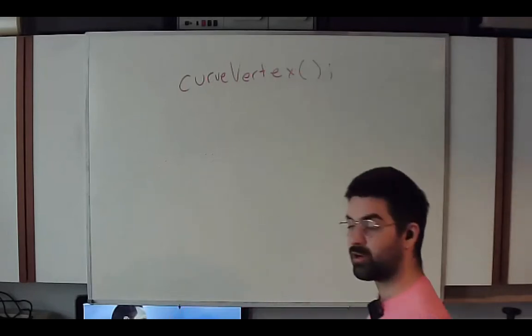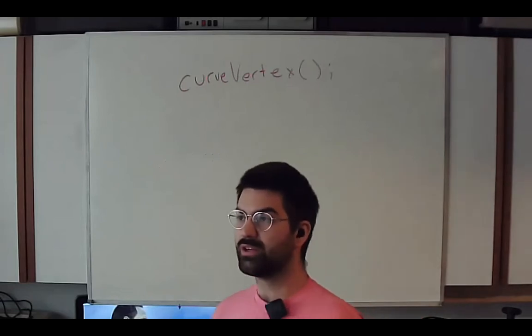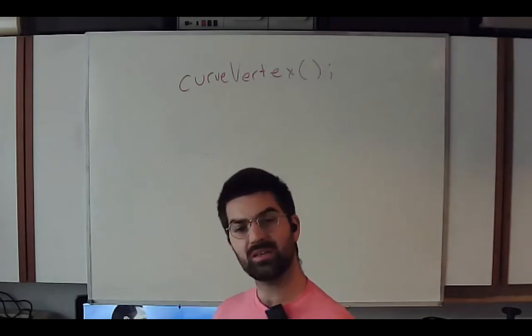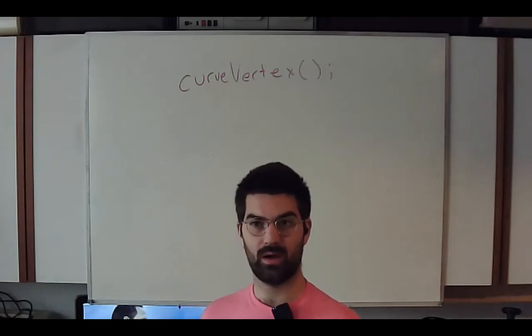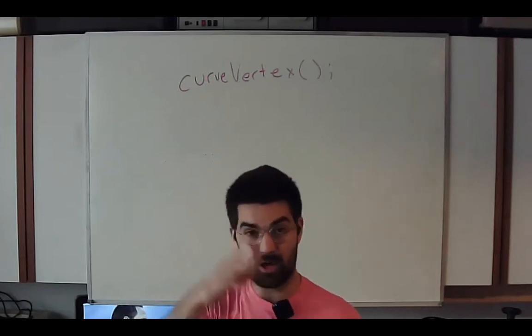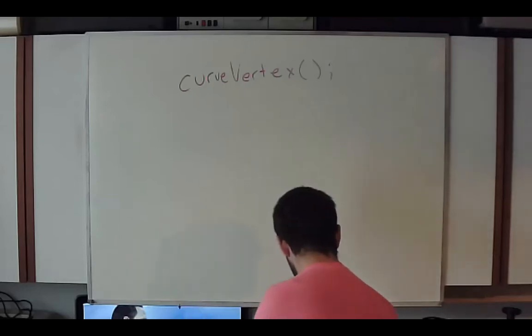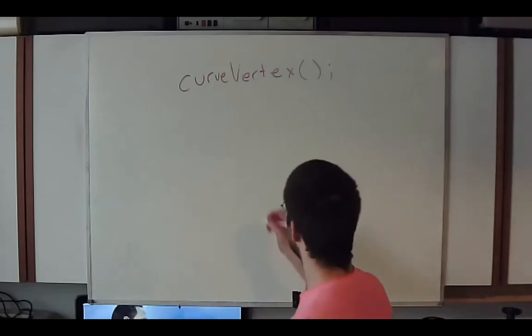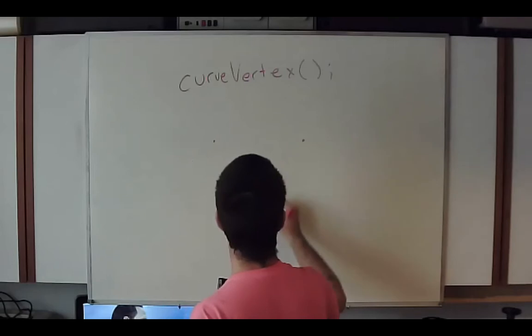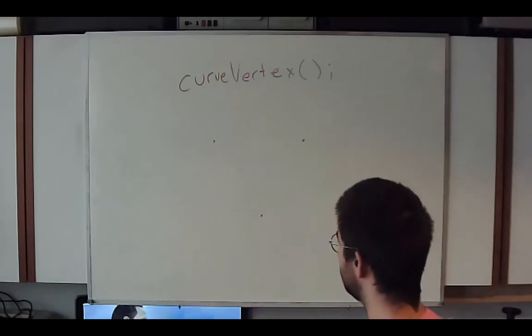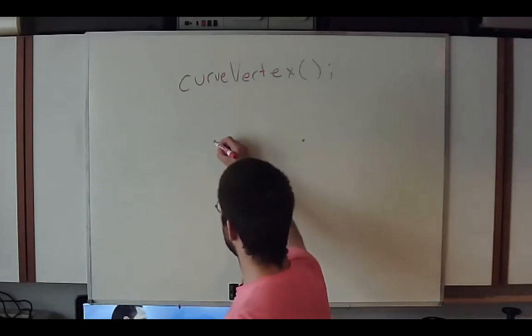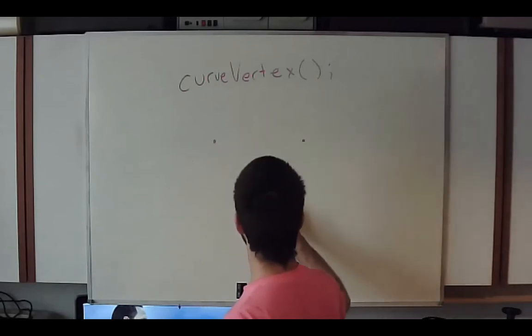So when we're working with curve vertex, we need to think about what determines a curve. How can we describe how a curve should be, right? If I'm telling the computer just that curvature, I mean, just these points are being defined.